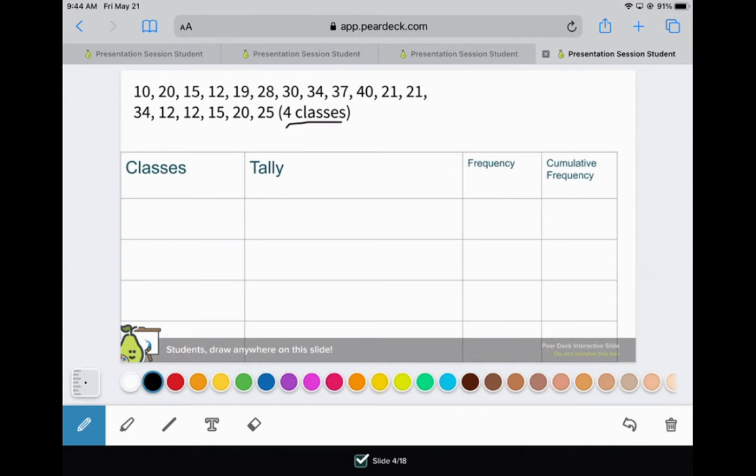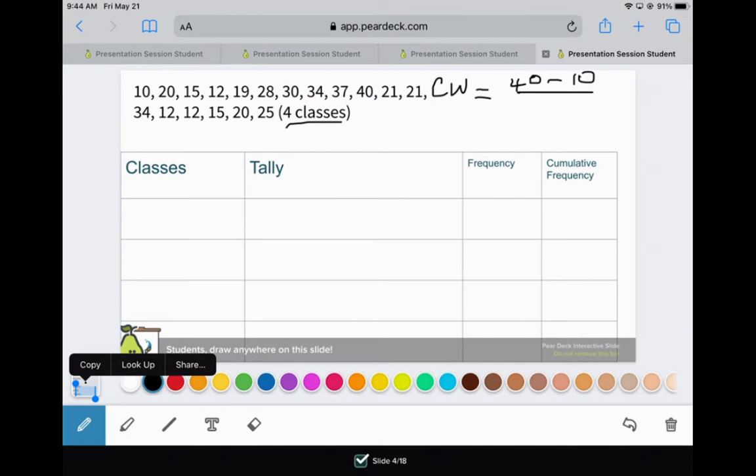And Francisco, yes, that's the first step. To find the class width, I will take the maximum, which is the highest value in here, 40. I'm going to subtract the lowest, which is 10.